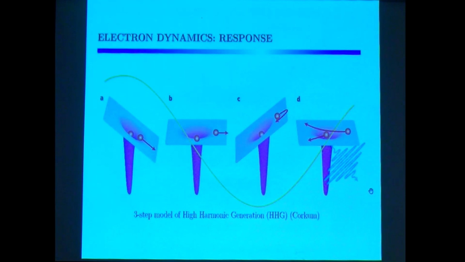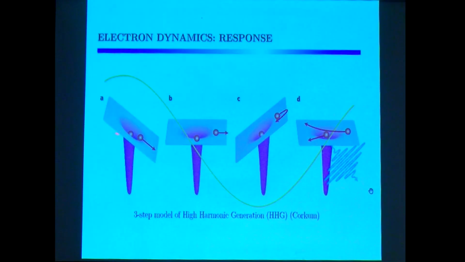One example where we applied this method was high harmonic generation, which is sketched here for the example of a helium atom. Here you have an oscillating laser field in yellow coming in, and this distorts the potential which the two electrons of the helium atom see.